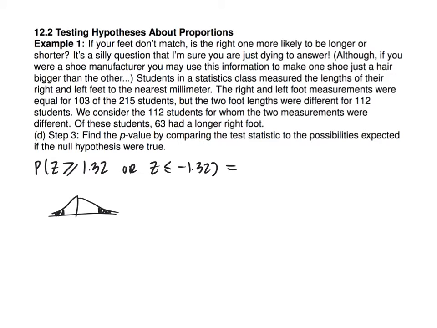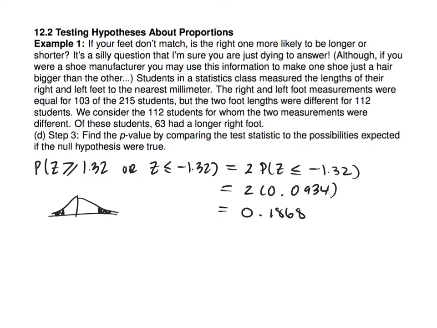So I'm going to do twice the probability that z is less than or equal to negative 1.32, which is 2 times 0.0934, or 0.1868.